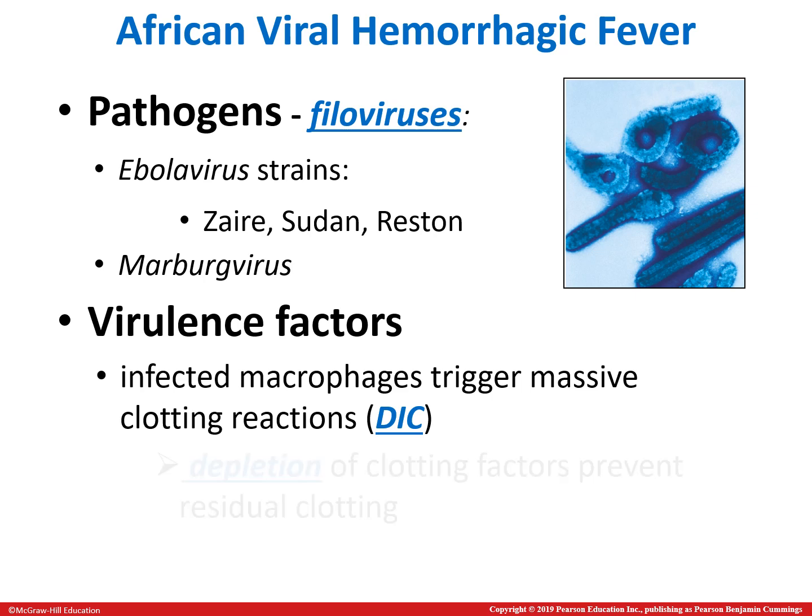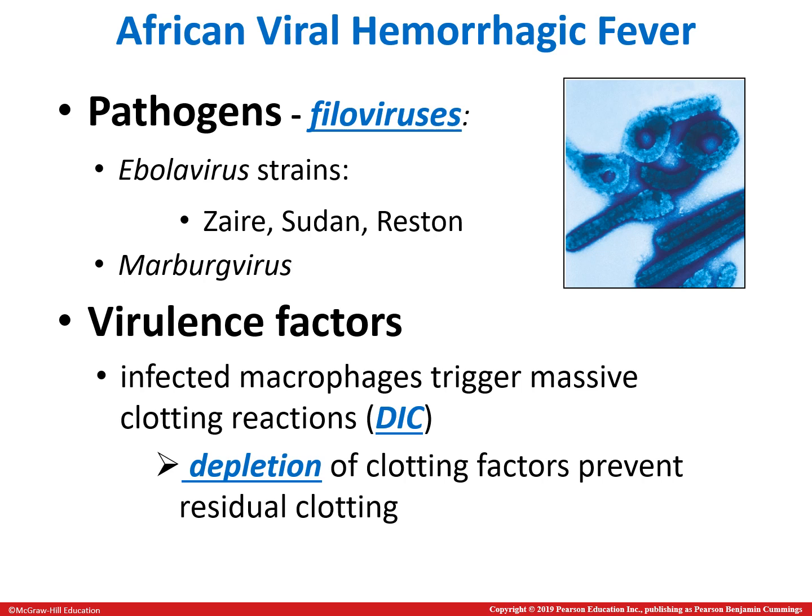And so when you have all of your clotting factors getting triggered at the same time, you basically deplete the circulating amount, which means any clotting that needs to happen in the body can't, because there's not enough clotting factors available. And that's what leads to hemorrhaging. So it sounds a little bit backwards that you're clotting so much that you're going to bleed to death. But most people don't realize that microclots are forming at all times.